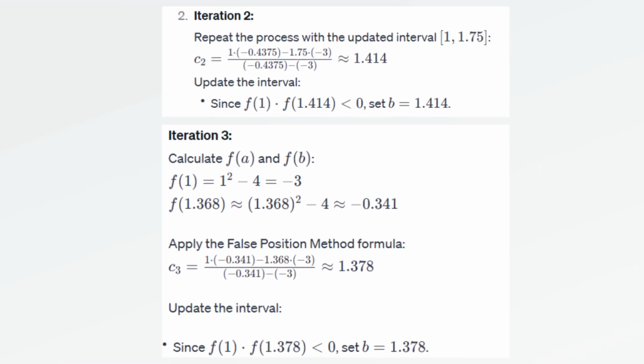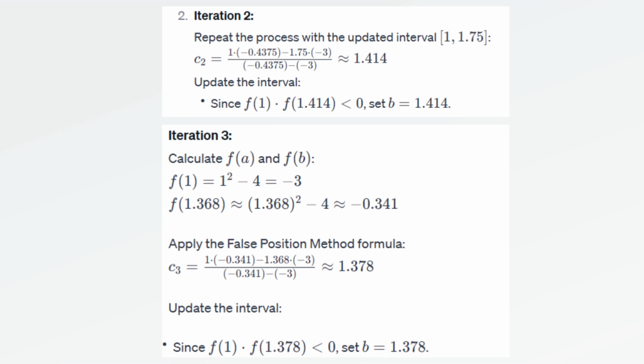Now we'll be using the same formula to calculate iterations number 2 and 3. So we calculate the second approximation c2 using the given formula. c2 = (1·f(c1) − 1.75·f(1)) / (f(c1) − f(1)).